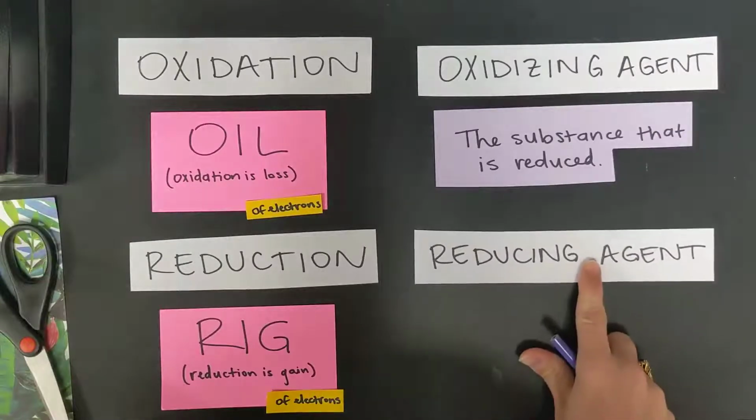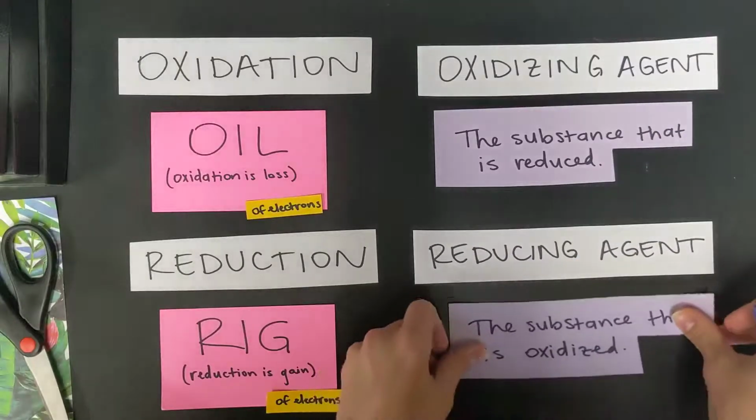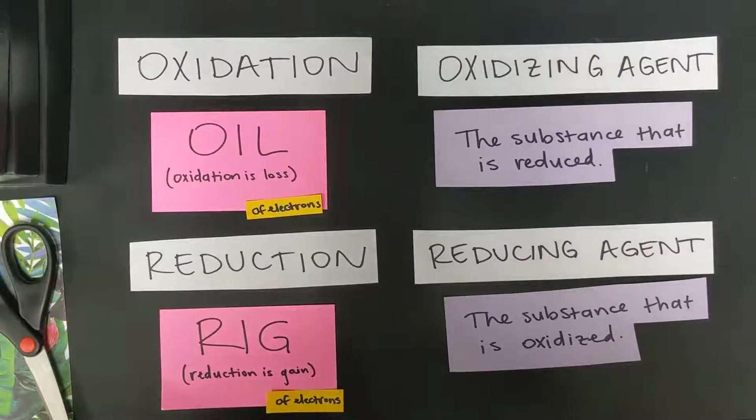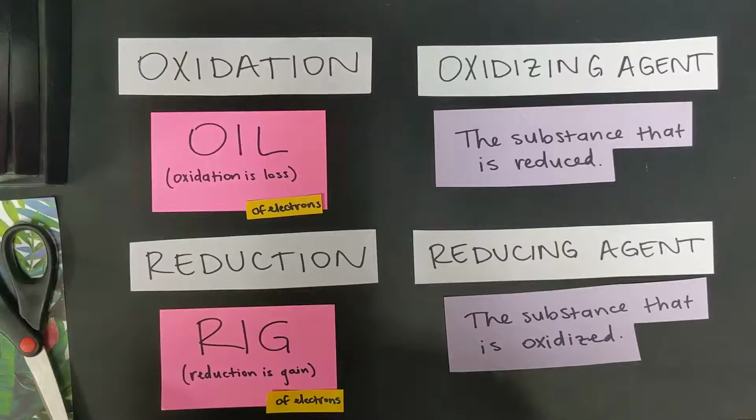And the reducing agent, you guessed it, is the substance that is oxidized. So we can find the substance that is oxidized and reduced in a chemical equation, and we can also figure out which was the oxidizing agent and the reducing agent once we know which was oxidized and which was reduced.